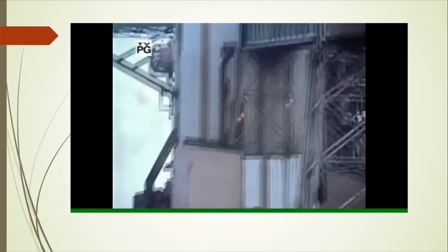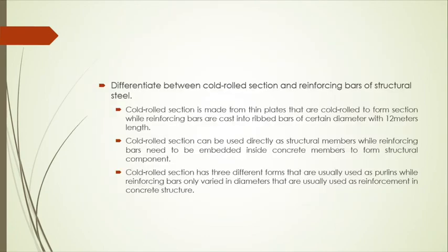This video will be linked in your e-learning lab. You can watch it later. An example question: differentiate between cold rolled section and reinforcing bars of structural steel. As I mentioned earlier, cold rolled section is a thin plate which you roll into your specified section, but reinforcing bars are cast into rib bars of certain diameters with 12-meter length.